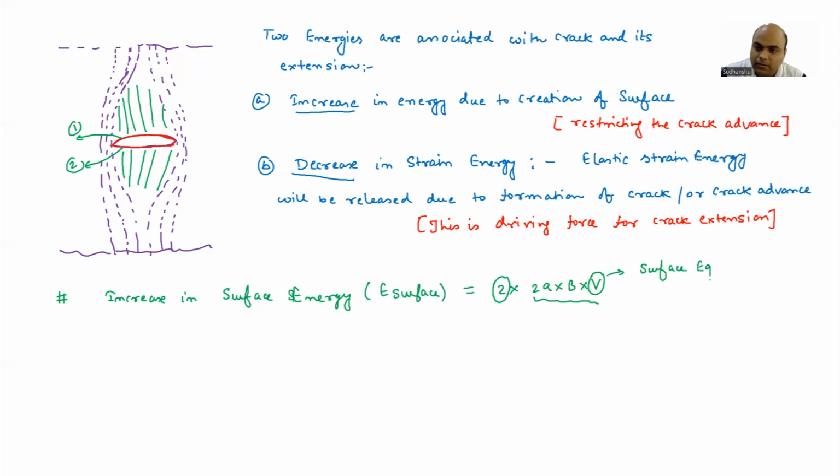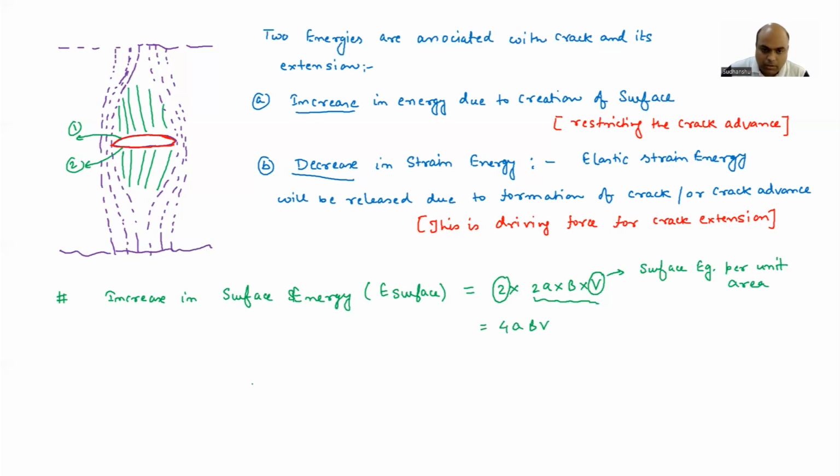So this becomes 4AB gamma. This is a positive value, the increase in the surface energy because of the creation of two surfaces.